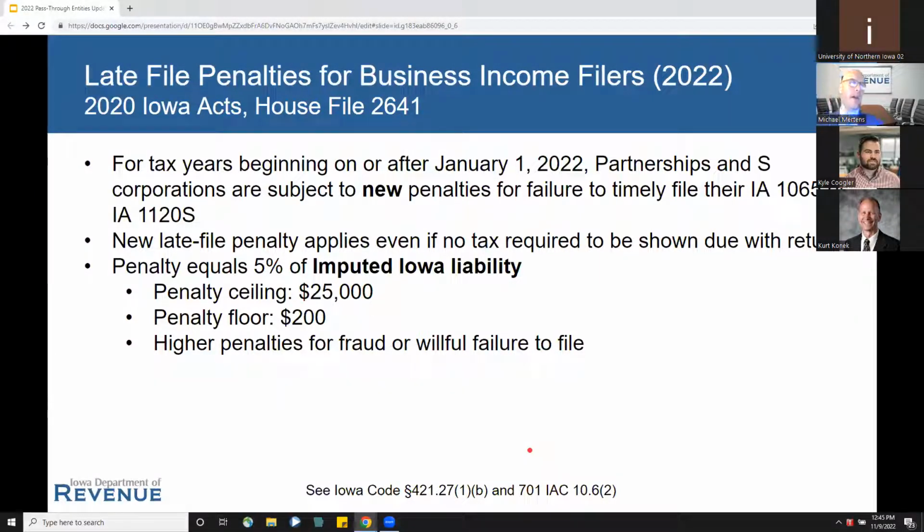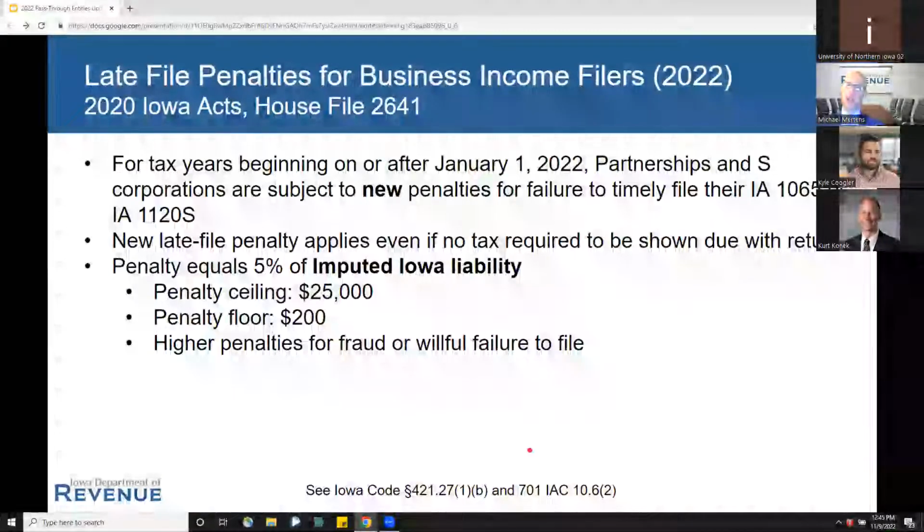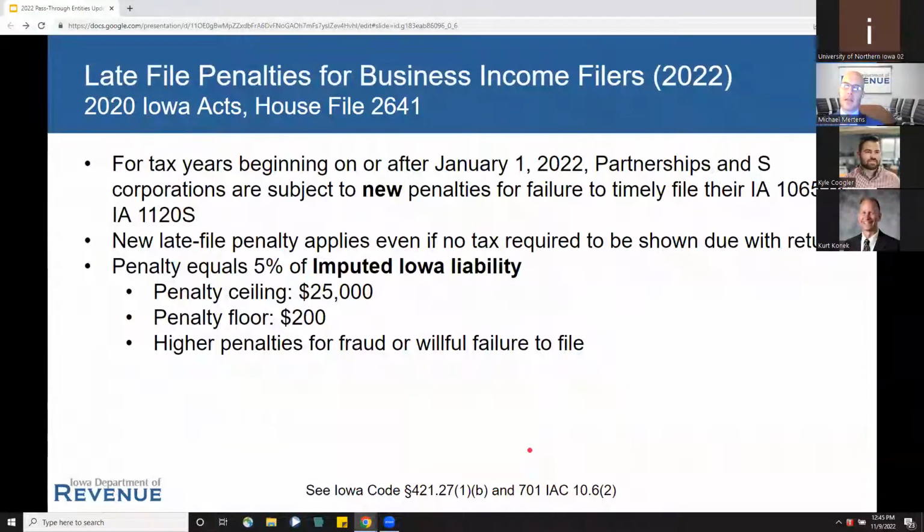There is a new late file penalty that is equal to 5% of a partnership or S corporation's imputed Iowa liability. What the penalty calculation essentially does is it takes the pass-through entity's Iowa source income, multiplies it by an imputed tax rate, which will be the highest tax rate for that tax type.